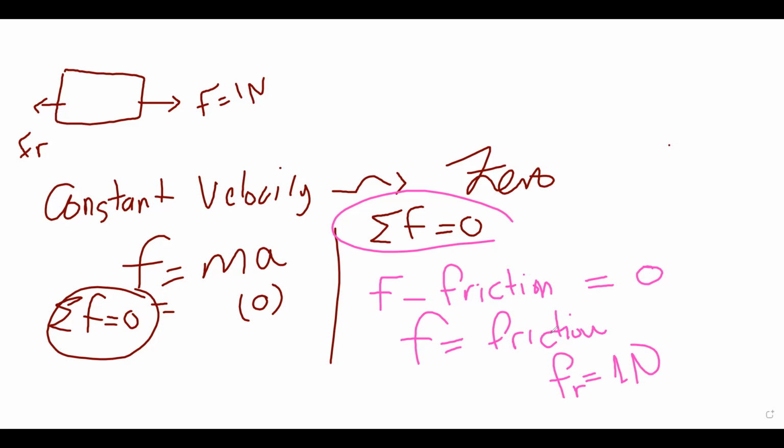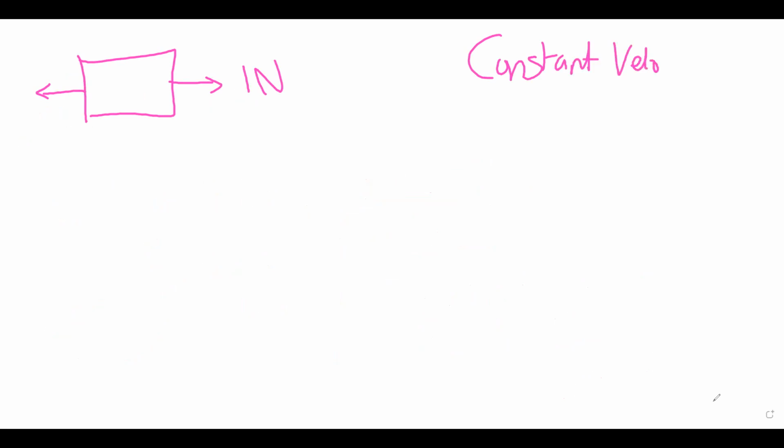Okay, I will repeat now. Here you have an object, and the applied force is 1 Newton. This object has a constant velocity, and that means 0 acceleration.